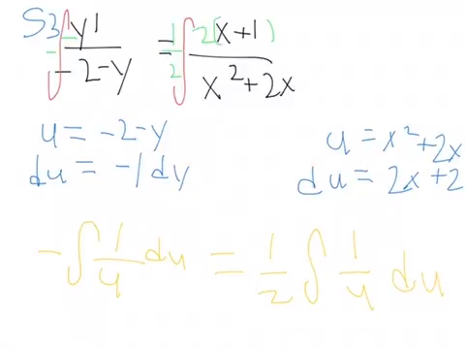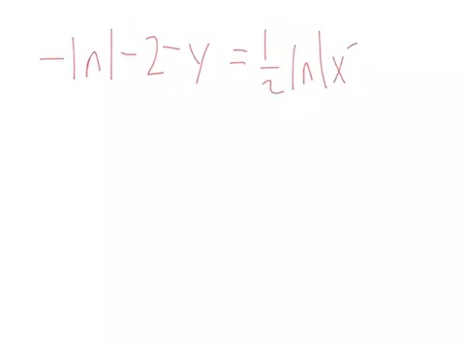And on the next page, we're going to plug in our u's up here into where they belong down here. So if you plug in the u's, you're left with -1 times the natural log of the absolute value of -2 minus y equals 1/2 times the natural log of the absolute value of x squared plus 2x.